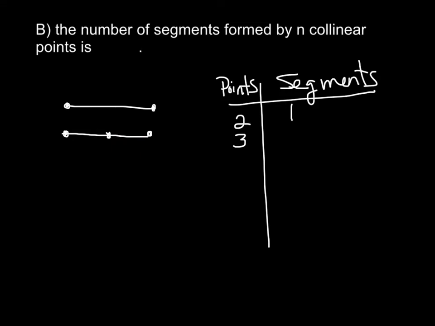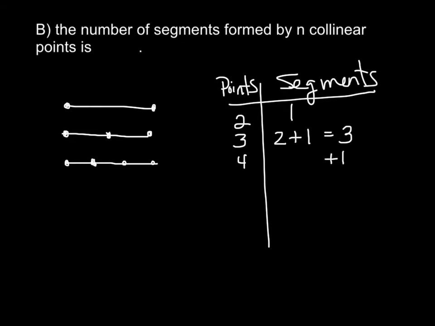So, here's what I'm going to do. 2 plus 1 equals 3. Because remember, the one big segment is still there. So now I'm going to use 4 points. 1, 2, 3, 4. So I still have the one big segment.